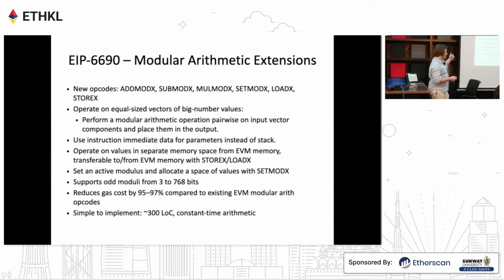Meaning that if you're using a 64-bit or 32-bit system, I mean, nobody runs 32-bit systems on mainnet, so the point is that we explicitly make this space that we operate on not observable from EVM memory except through these new load and store opcodes that we introduce.